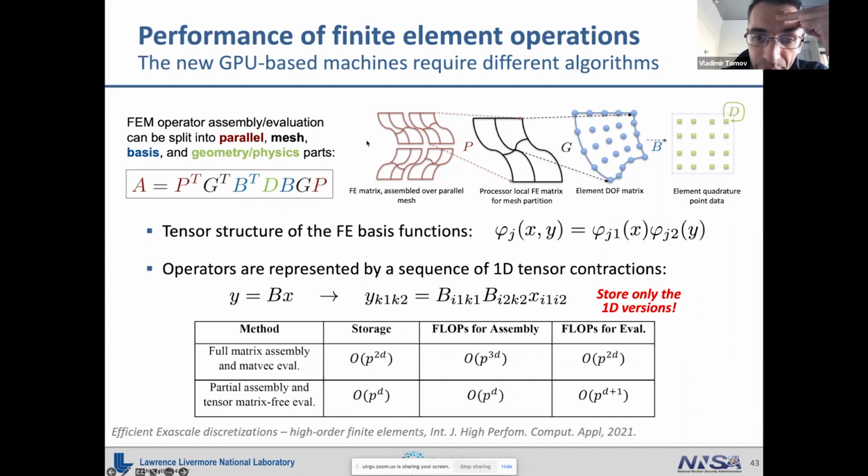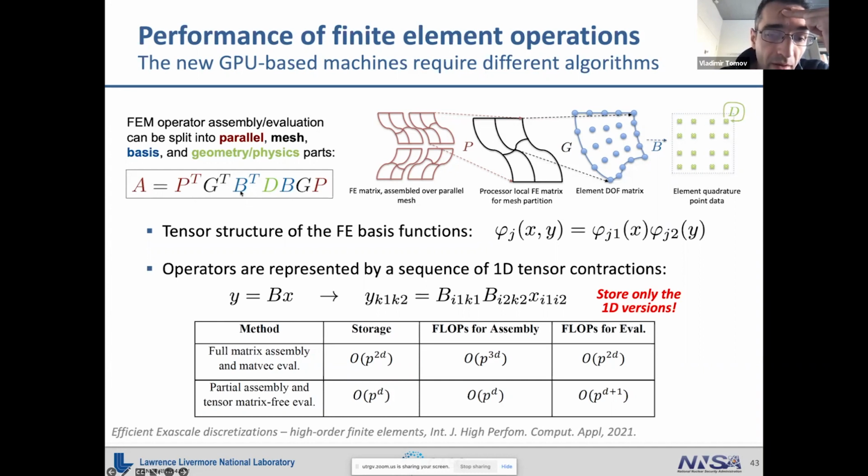So what people do for these GPU-based machines is use that a finite element operator can be decomposed like this. Let's say A is applying the sparse finite element matrix.